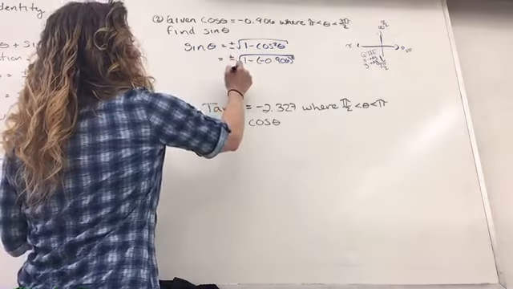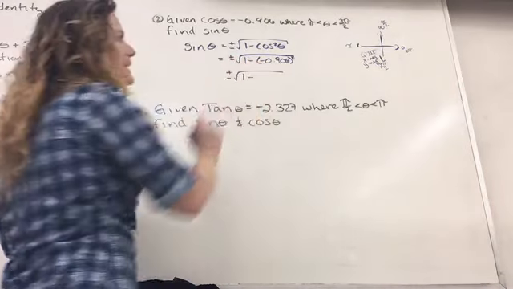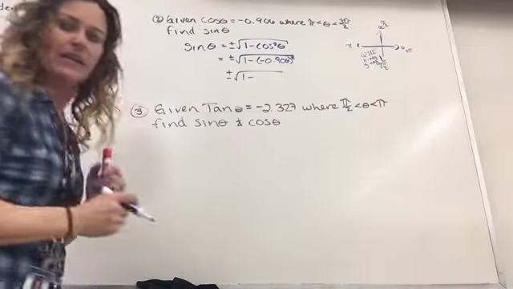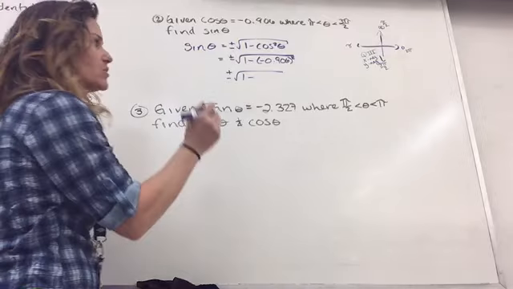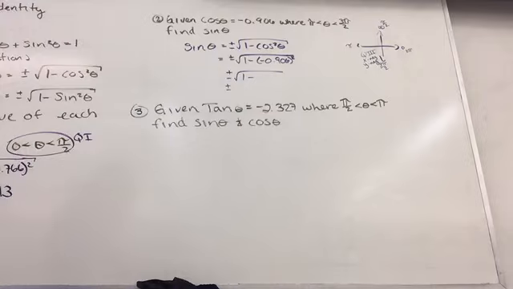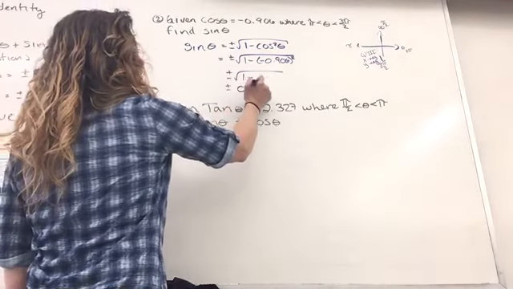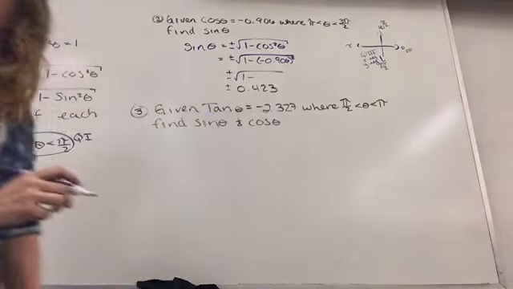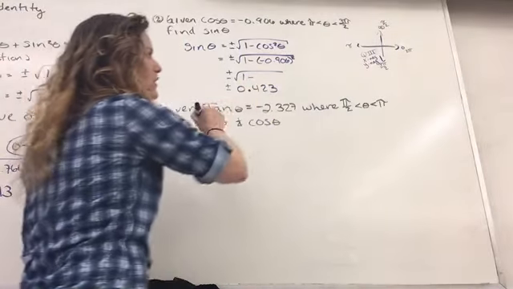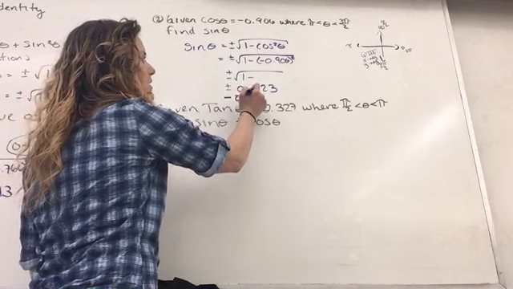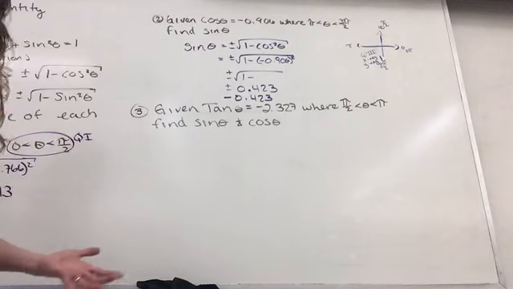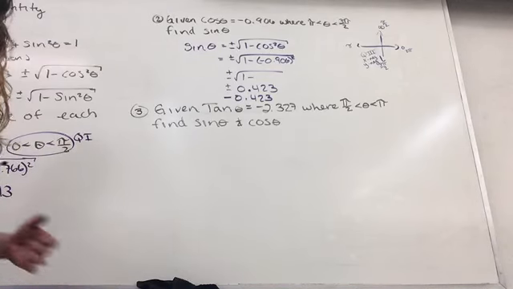So this actually becomes 1 minus that number. Off the top of my head, I don't know what it is, and my calculator is way over there. But I do know that when you subtract it from 1 and you take that square root, you get 0.423. Okay? We're in quadrant 3, both values have to be negative, so we don't want the positive part of it, we want the negative. We have to pay attention to the signs depending on the quadrant that we're in.